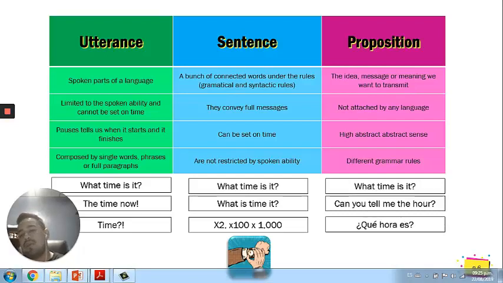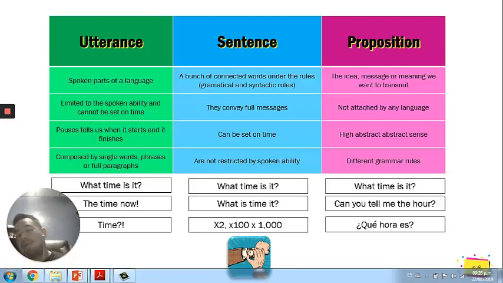Well, an utterance can be termed as a spoken part of a language, and it is very important to note that utterances are limited by the spoken ability, the ability of speaking. They cannot be said on time, and with this we mean that once an utterance has been said, we cannot retrieve it again. It has been lost forever.